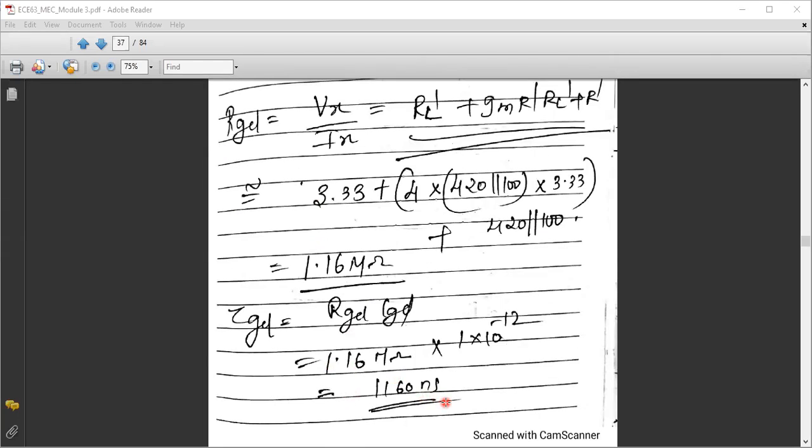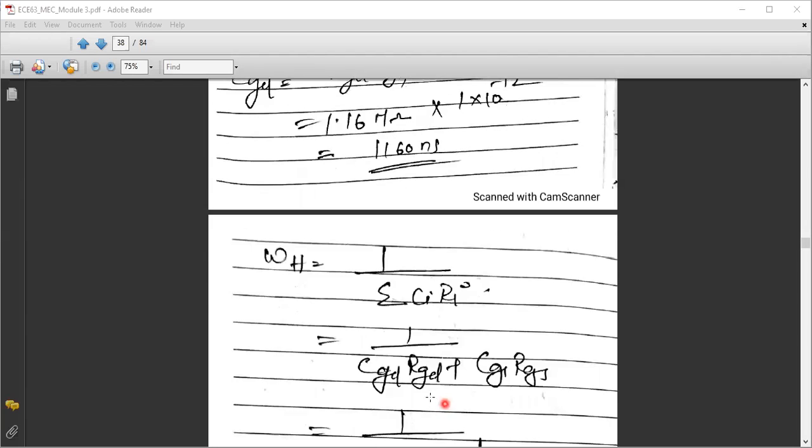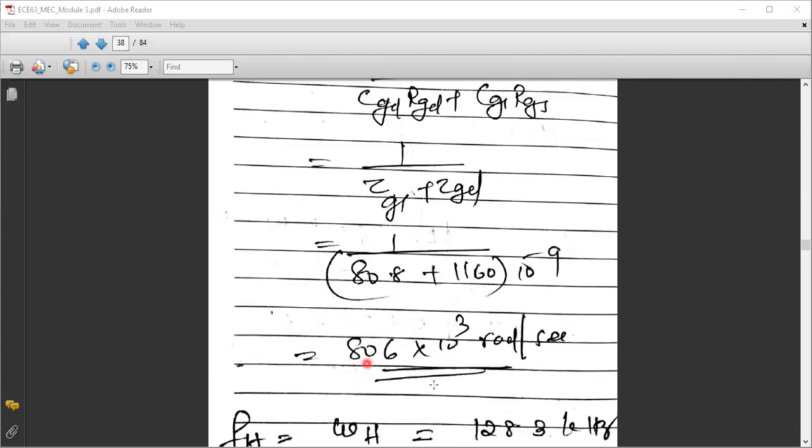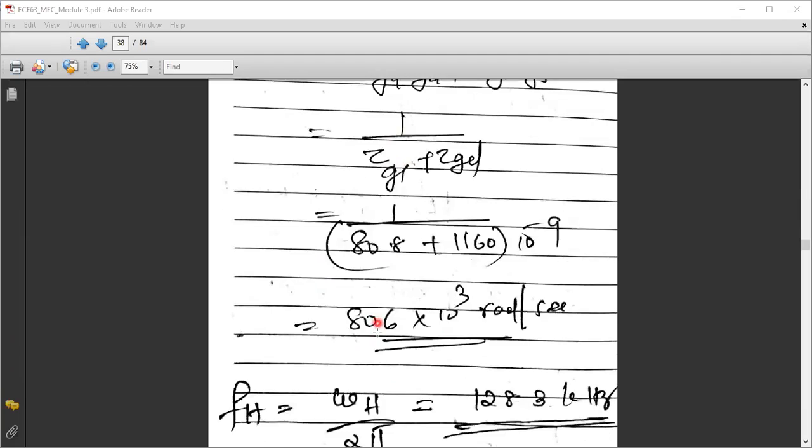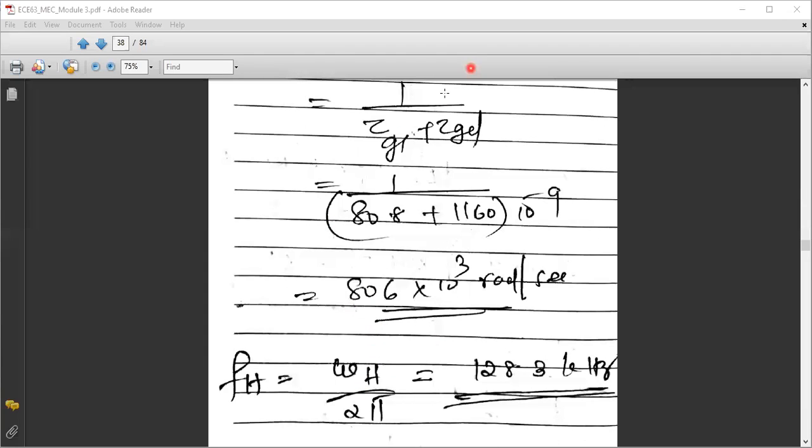Make sure that the two time constants are in the same unit. If tau GS is in nanoseconds, then tau GD should be in nanoseconds. So convert micro into nano, then you can add them and take the reciprocal. That will be your omega h. After finding omega h, we simply divide it by 2 pi. That will give your cutoff frequency.